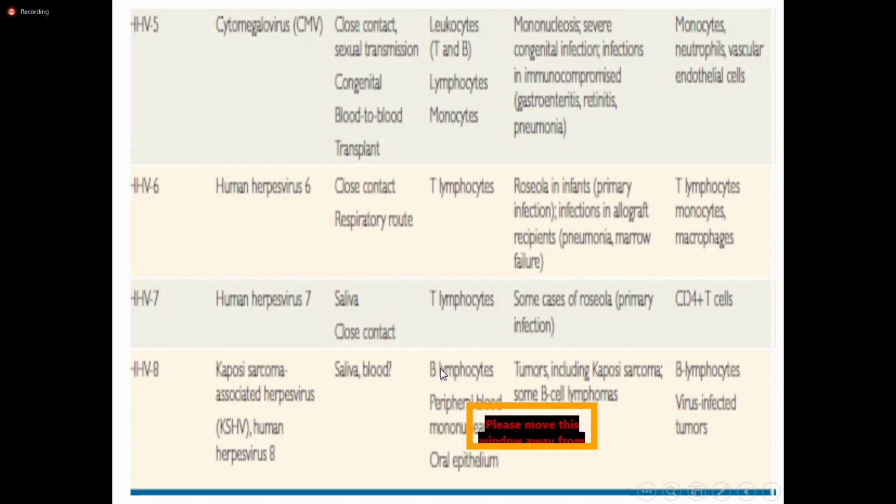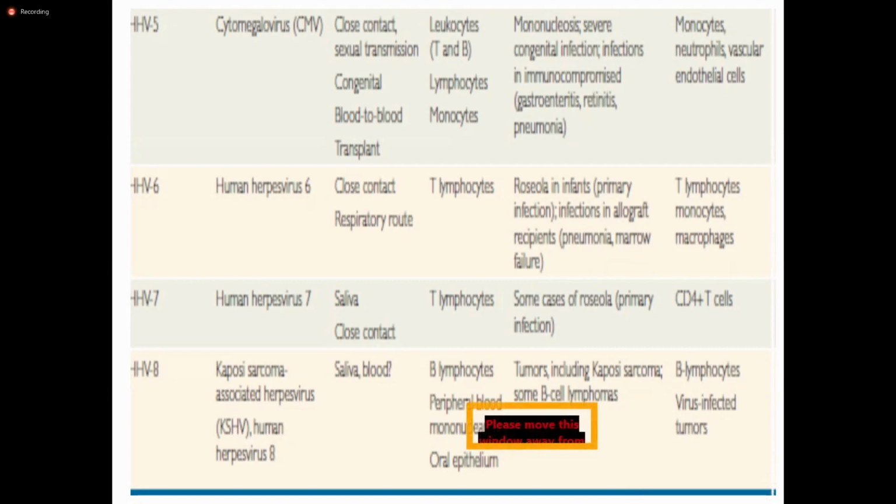It infects primarily B cells, peripheral mononuclear cells, and oral epithelial cells, and can be associated with Kaposi sarcoma and some B cell lymphomas. It stays latent in B lymphocytes and virus-infected tumor cells.